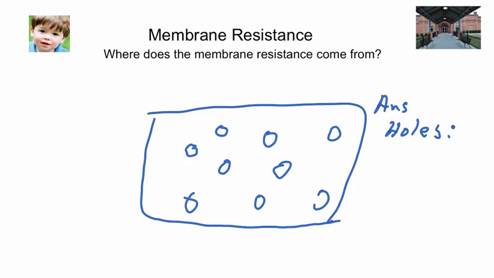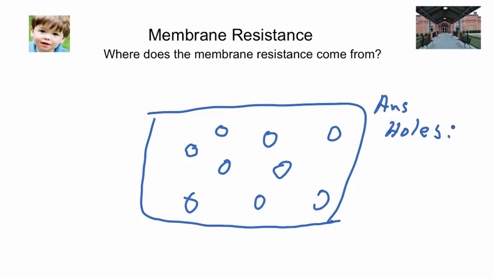But there's a little bit further answer. These holes are not just ordinary holes. These are these channels that we were talking about before. Potassium channels, sodium channels, leakage channels. Yeah, there are some leakage channels. It is these holes that are giving the membrane resistance its value.